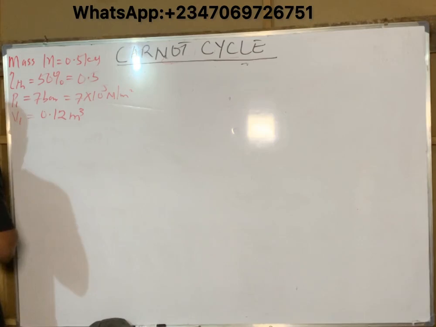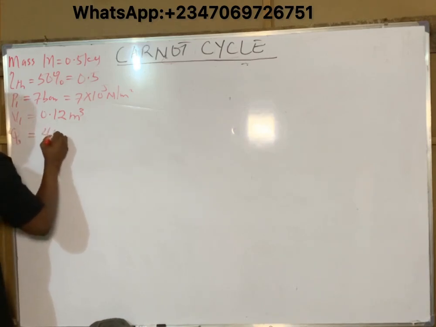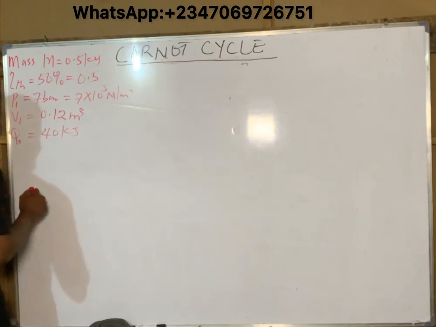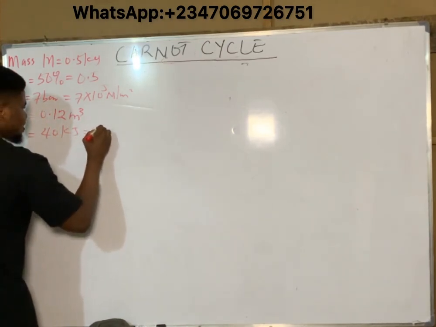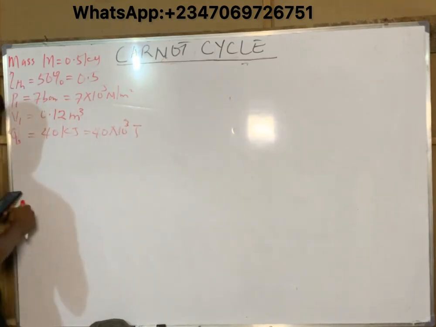We were told that the heat transfer to the air during the isothermal expansion is 40 kilojoules. So heat supplied QS was given as 40 kilojoules, which is about 40 by 10 to the power of 3 joules.